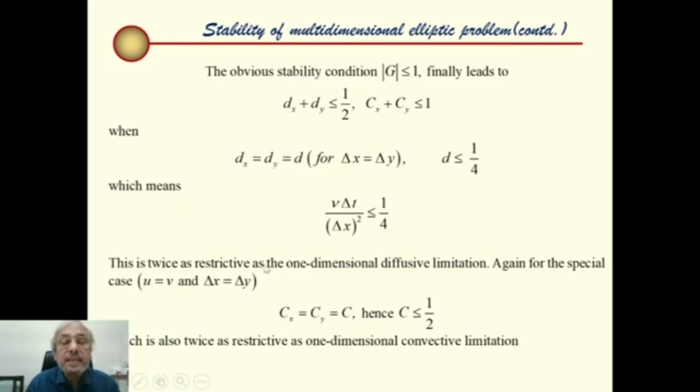This is twice as restrictive as the one-dimensional diffusion limitation.